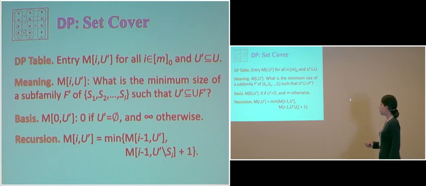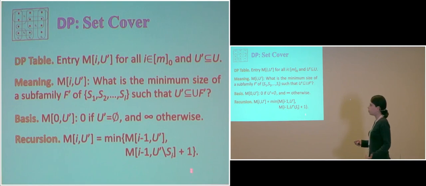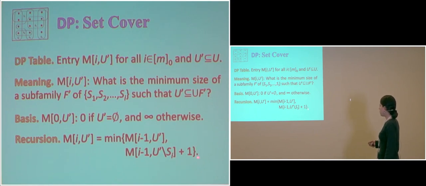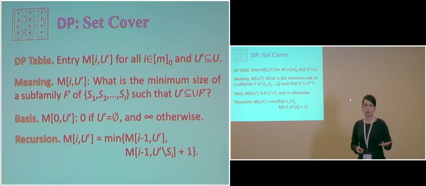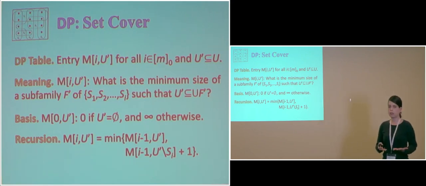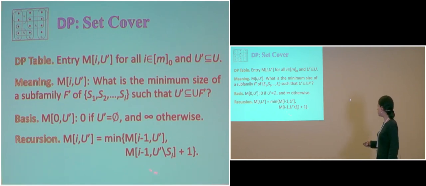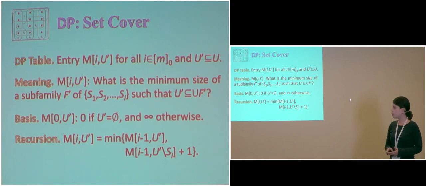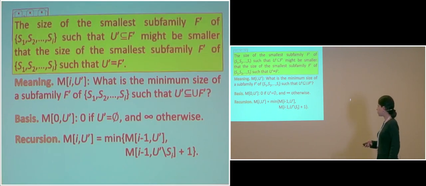And in the second one, we are going to use Si. So this means that we are again restricting our attention only to sets between S1 and Si minus 1. And we take Si, so we have plus 1 here. And in addition, we already covered all of the elements that Si covers, so we can remove them here from U prime. So this is a very simple example that gives us 2 to the n, we will see.